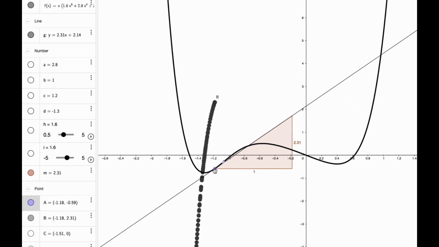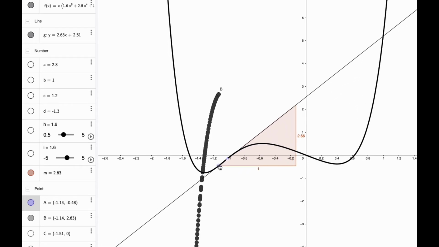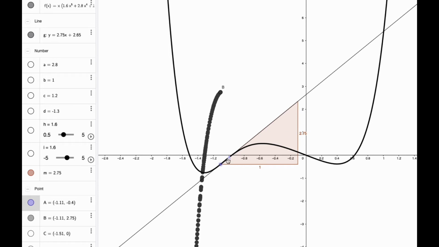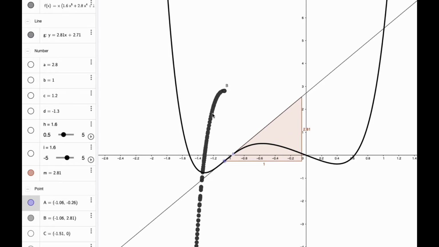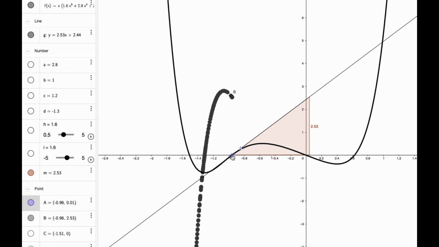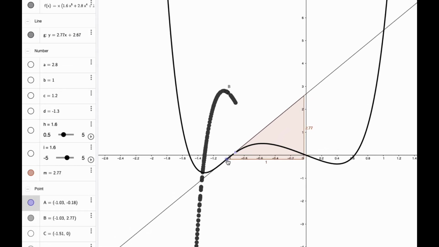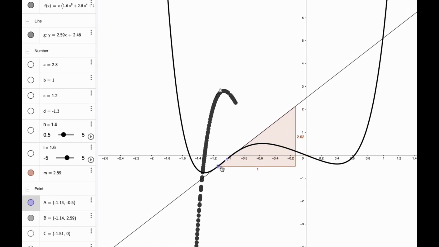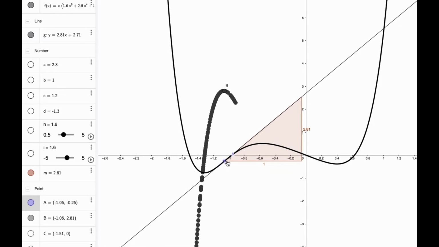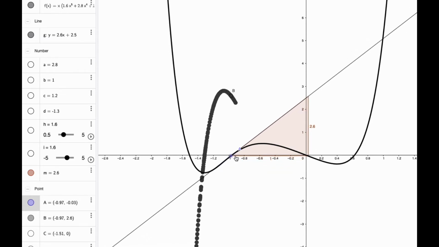Now if I keep on going, you can see that all my slopes are positive, so the y values of the derivative are positive, and so on. But something interesting happens here. It was getting more and more positive, and then it starts to get less positive.